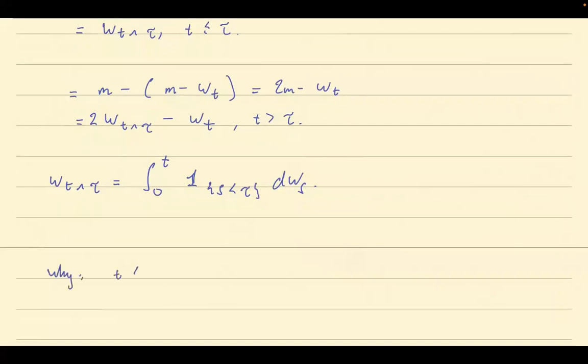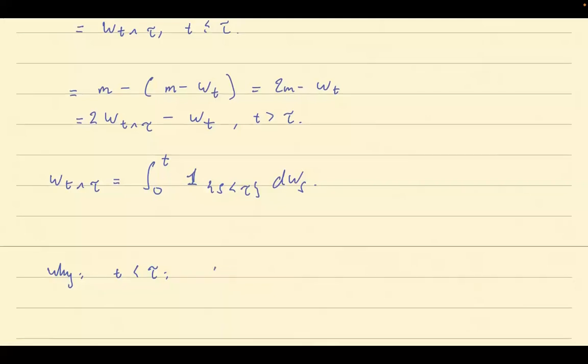Because if t is less than tau, then of course you want the left-hand side to be WT. Now, what about the right-hand side? If t is less than tau, then s is less than tau. S is definitely less than t, because you integrate up to time t. But if t is less than tau, then s less than t must clearly be less than tau.